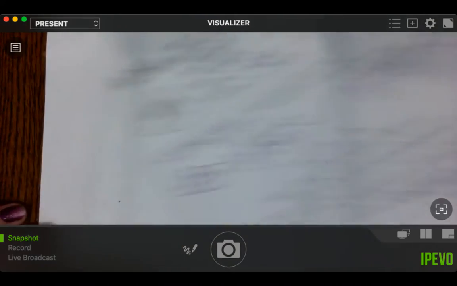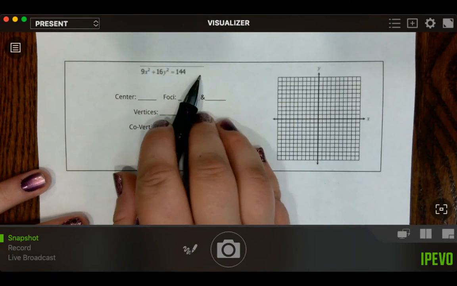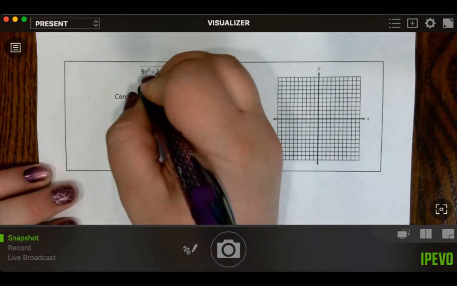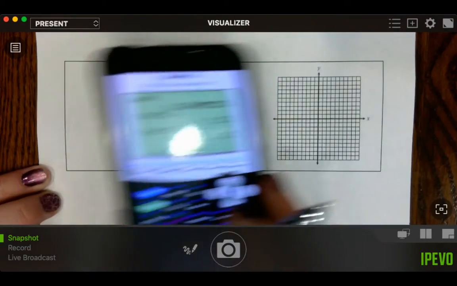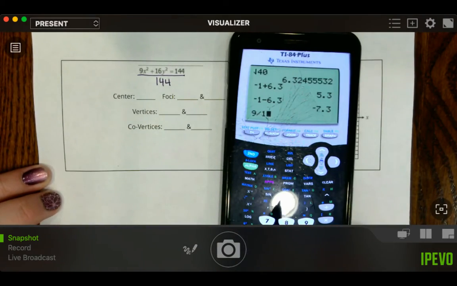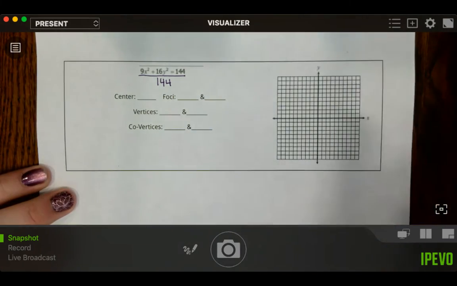Oh wait, I did forget. Hang on, there was one more. If there is not a 1 on this side, divide everything by that number. 9 divided by 144 is 1 over 16.